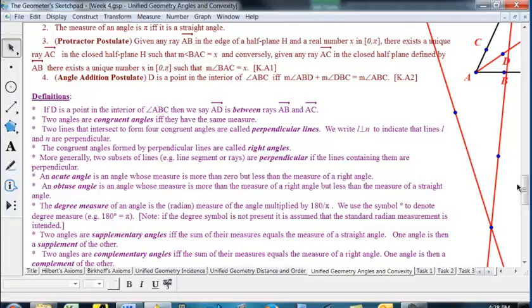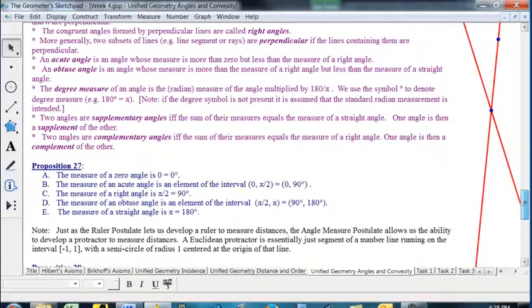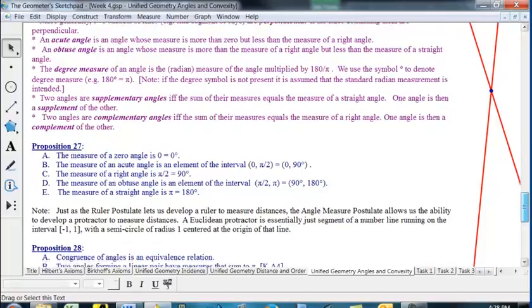So two angles are supplementary angles if and only if the sum of their measures equals the measure of a straight angle. Two angles are complementary if and only if their measures equal the measure of a right angle. Then we talk about supplements and complements. From those definitions, we can prove the actual measurements of the angles.